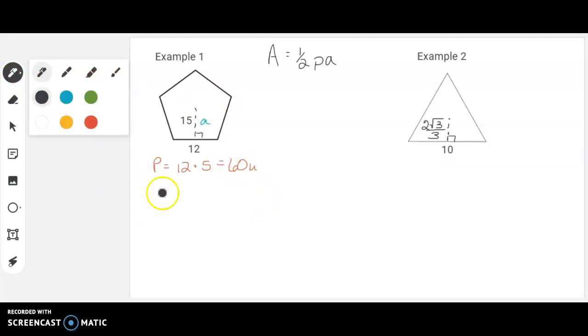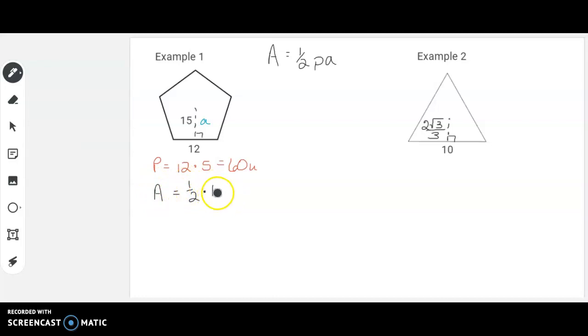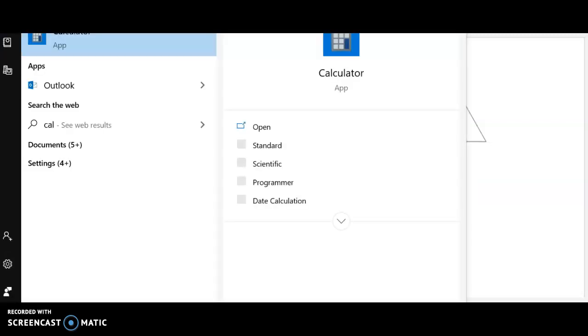Now we can plug them into our formula. The area is equal to 1/2 the apothem, which is 15, times the perimeter, which is 60. Let me bring up my calculator.